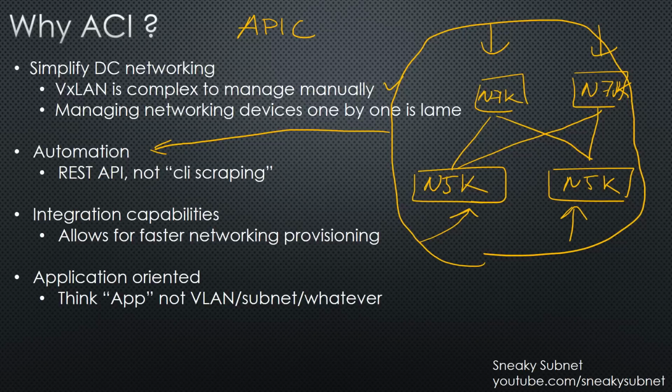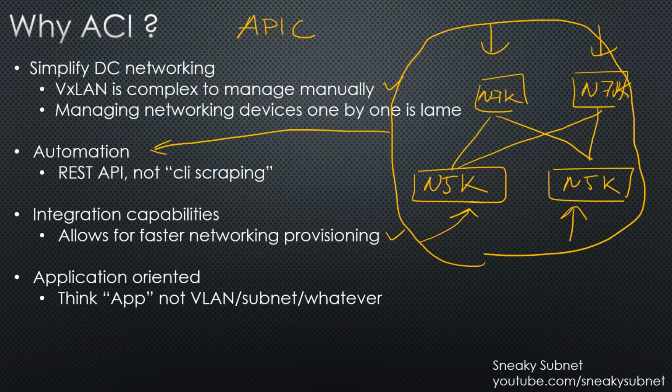The next benefit of ACI is its integration capabilities, which are huge. You can integrate ACI with your VMware infrastructure, Hyper-V virtualization, OpenStack, container networking, orchestration tools, and much more. From my point of view, the main goal of all this integration is to achieve rapid provisioning of network infrastructure for end applications.